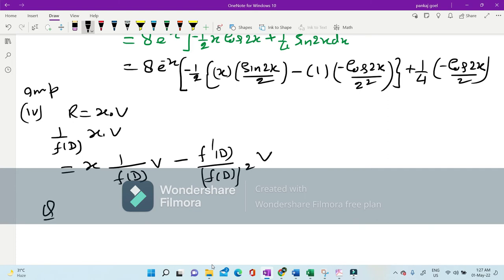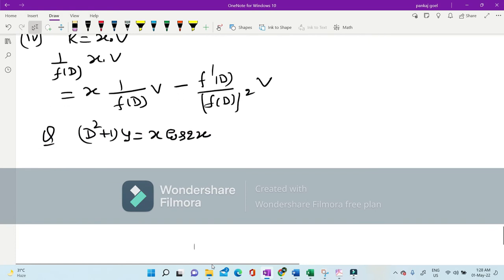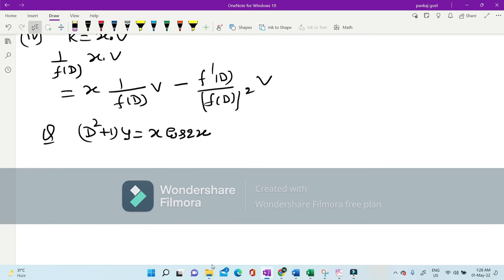For example, let us suppose I say D square plus 1 y equal to, let us suppose I say, x cosine of 2x. Apply this formula. In this case, after putting the rule, the denominator should not be equal to 0. Otherwise, this rule will fail.